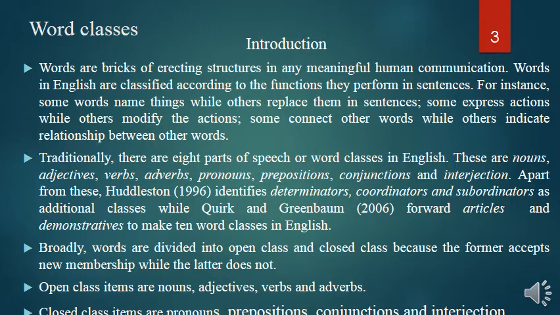These are closed class items because they are closed. They don't give new room for new words, while those in the open class are always open. That is why daily we are coming across new names, actions, adverbs, and adjectives.